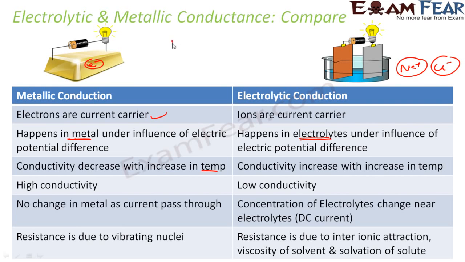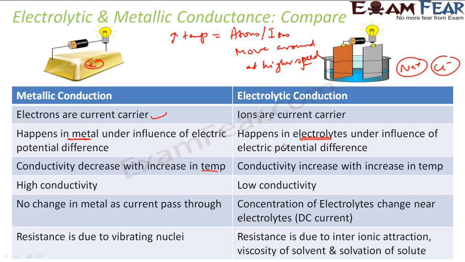In both cases, when you increase temperature, the atoms or ions move around at higher speed. Correct. Now, in this case, the moment atoms move around at higher speed, since the carrier is electron, it is difficult for electrons to pass through these high speed moving atoms or ions.